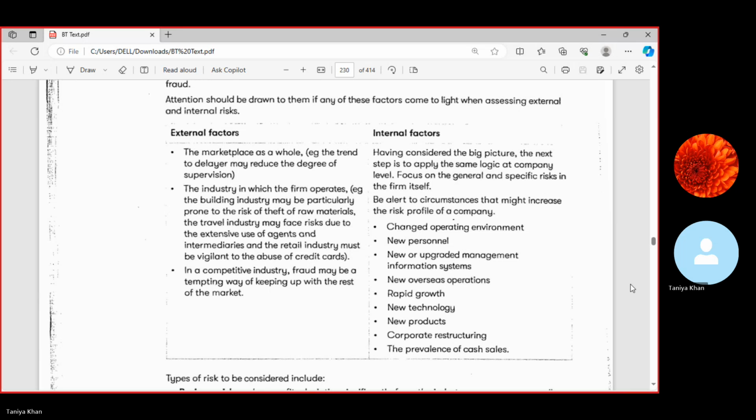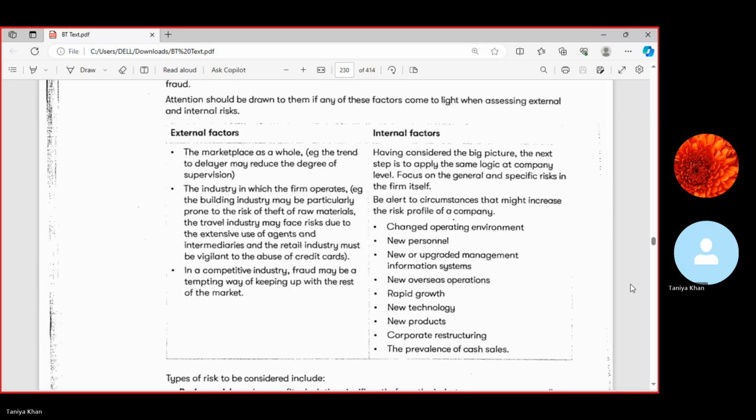New overseas operation, like this particular company has a branch in some overseas country, and they are not disclosing each and every fact in detail, or they are not disclosing the true facts for that overseas operation. Rapid growth, meaning the company is rapidly growing.